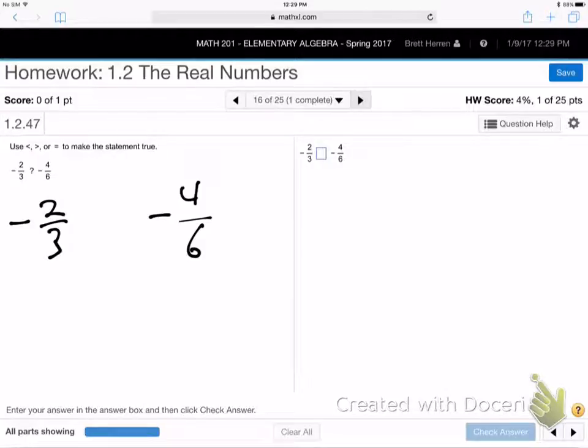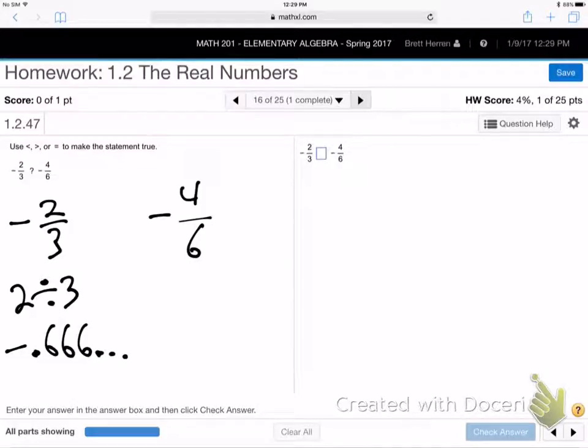If they give you totally weird fractions, like negative 2/3 and negative 3/7 or some kind of weird fraction, I would just divide them both on my calculator to make them a decimal, and then I can easily tell which one's bigger or smaller. So I'm just giving you a couple of options. I would probably divide on my calculator 2 divided by 3, and it's negative 0.666 forever, and that goes on and on.